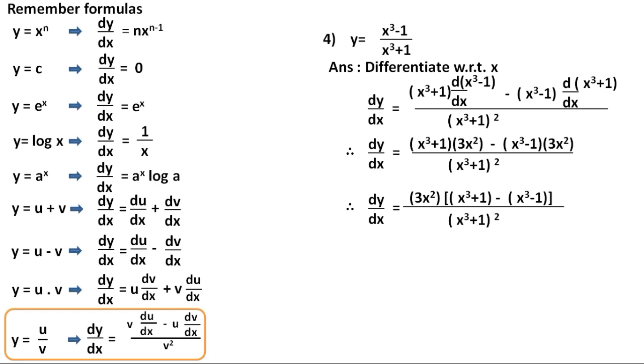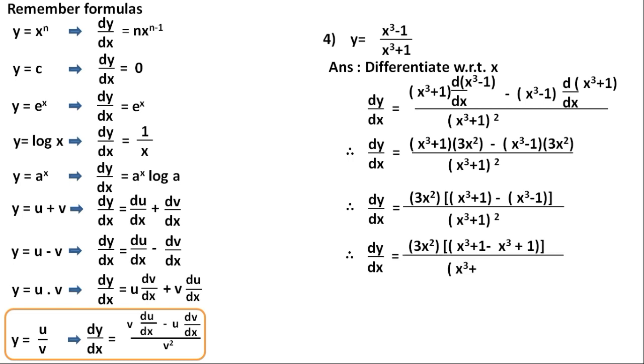Right? Therefore, dy upon dx is equal to 3x square in bracket x raised to 3 plus 1 minus x raised to 3 plus 1. Okay, whole divided by x raised to 3 plus 1 whole square. Right?